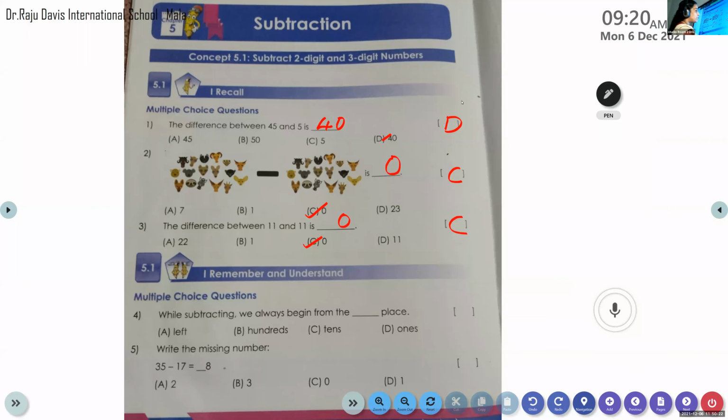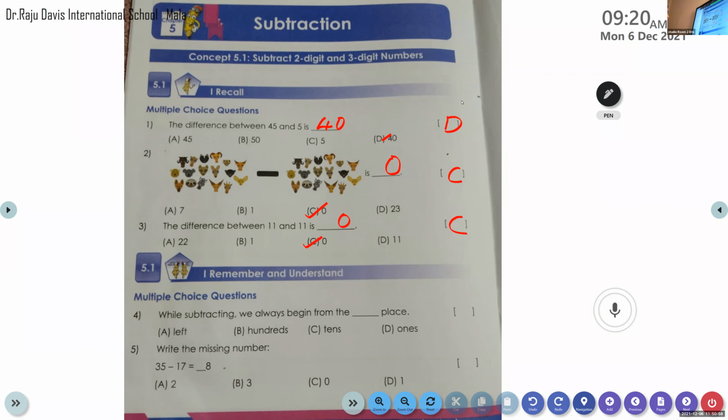Anthony Shan, unmute and read question number 4. While subtracting, we always begin from the dash place.